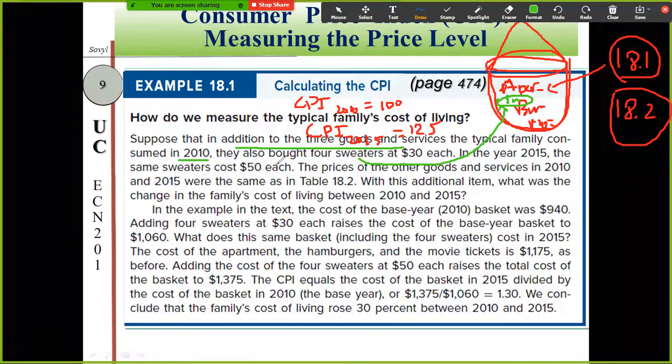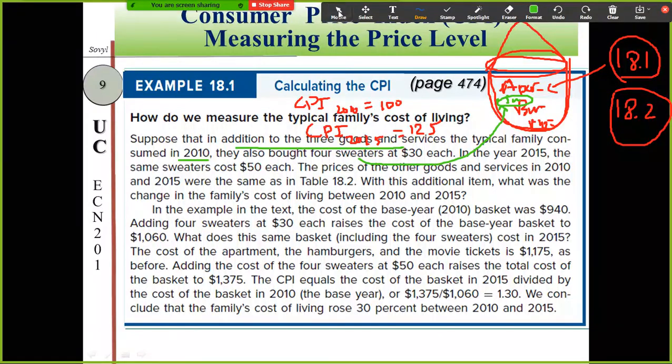They bought four sweaters at $30 each in 2010, and in 2015 they buy the same amount of sweaters, but the price is $50 each. The prices of the other goods do not change. The price of the apartment from 2010 to 2015 stays the same, the price of the burger stays the same, and the price of the movie ticket stays the same.